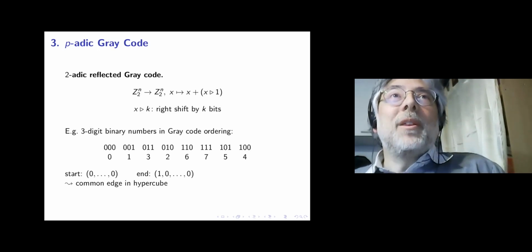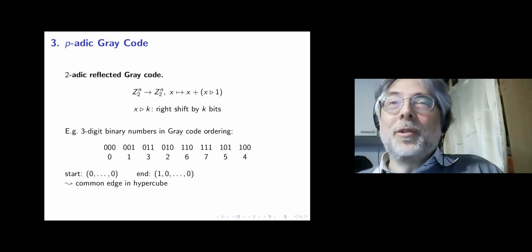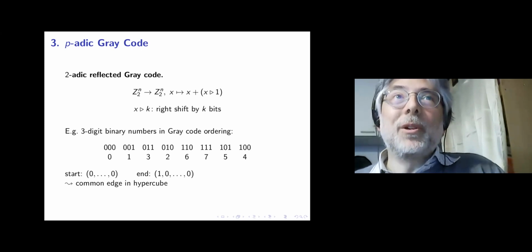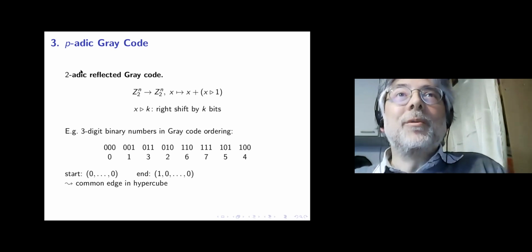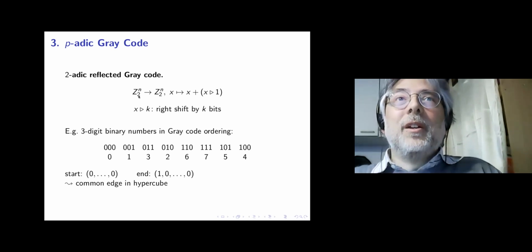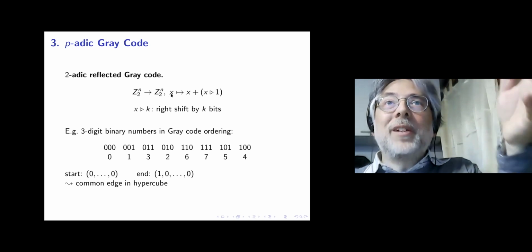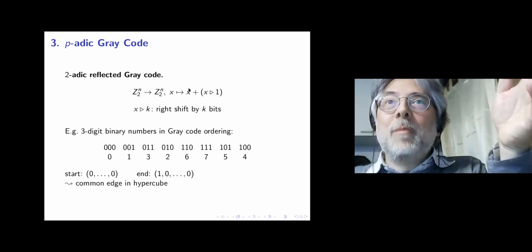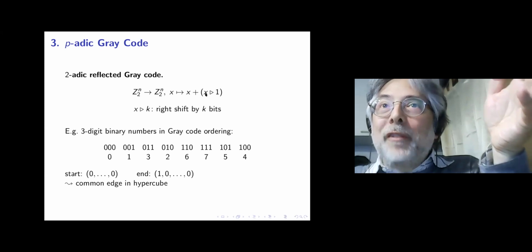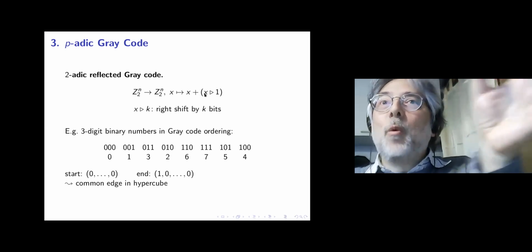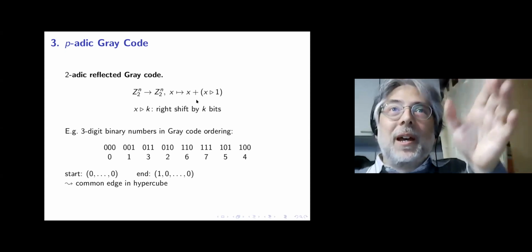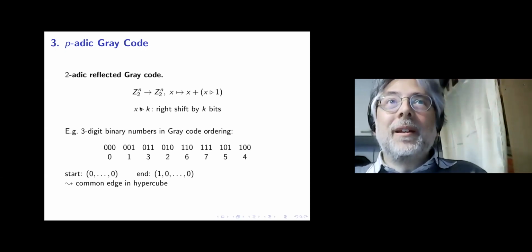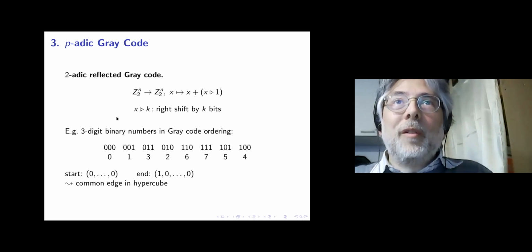Now we come to the p-Adic gray code in order to construct a certain type of Hilbert curves. First, the 2-Adic reflected gray code: you take a binary vector and superimpose it with its right shift by 1, and then add these two numbers modulo 2 together. If you do that, you obtain a reordering of your binary numbers.